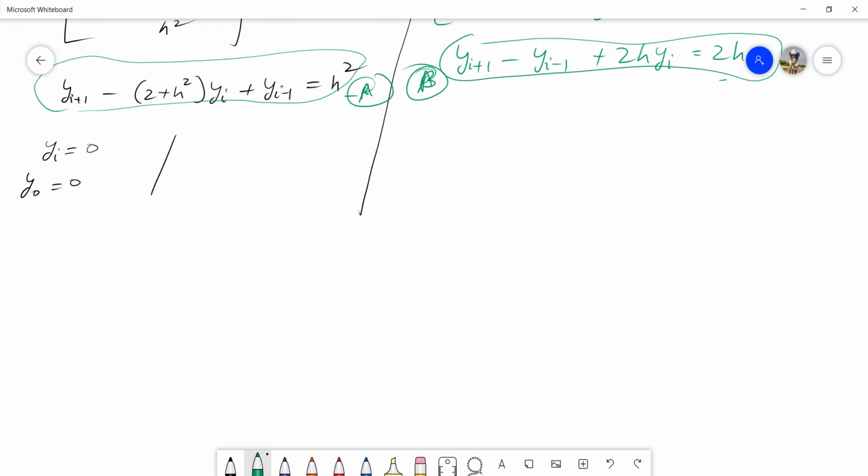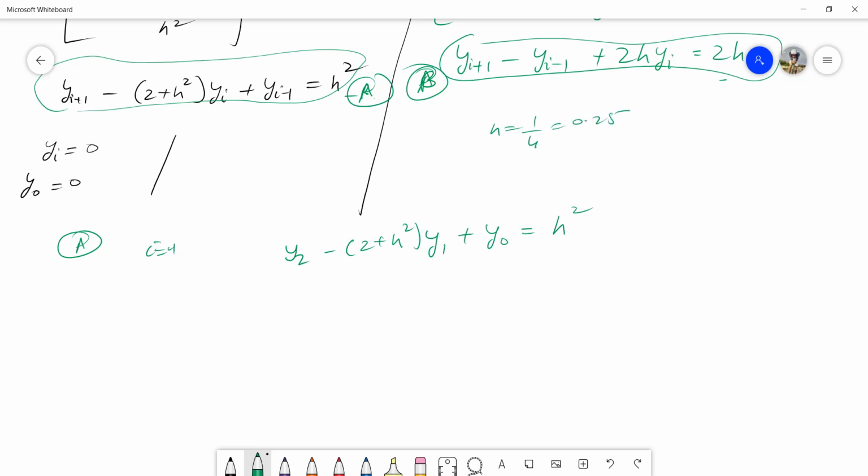This is equation A. From equation A, put i equal to 1. So what we have is y2 minus (2 plus h square) y1 plus y0 is h square. Now y0 is 0 and h value, we already know, is 0.025.